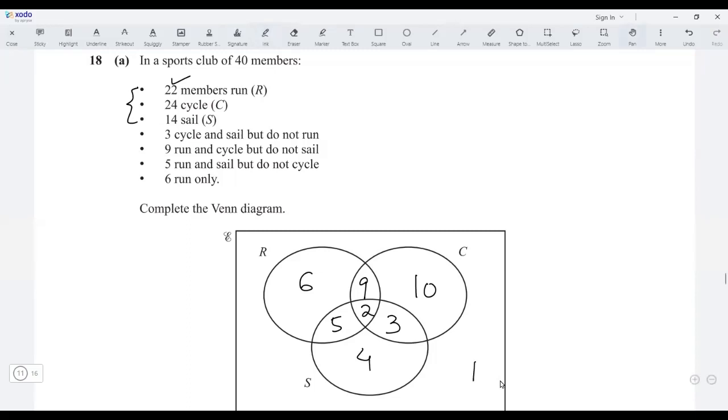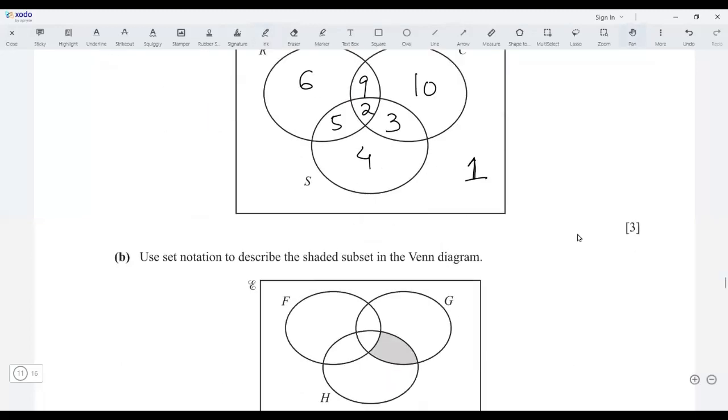That is, not sailing, not running, and not cycling. That is the extra man that hasn't been included in the overall. So if we add them: 11, 20, 22, 25, 35 plus 4, 39, one person is left. So we have to mention him outside.